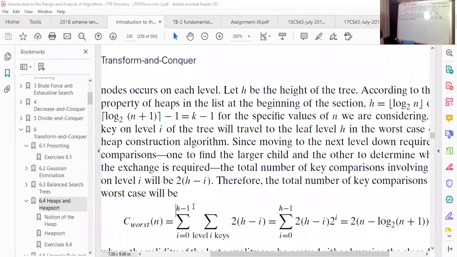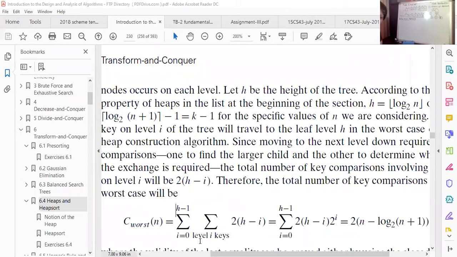As we checked in the algorithm, we had two iterative loops: the first for loop, for all the parental nodes, where i goes from 0 to n/2 minus 1, and then a while loop that goes over the adjacent nodes.